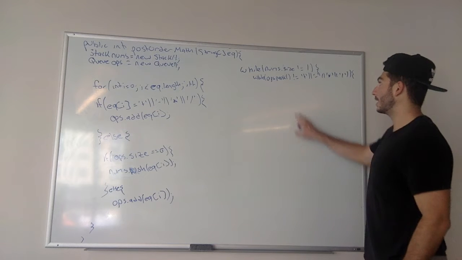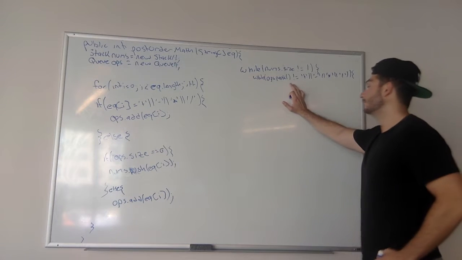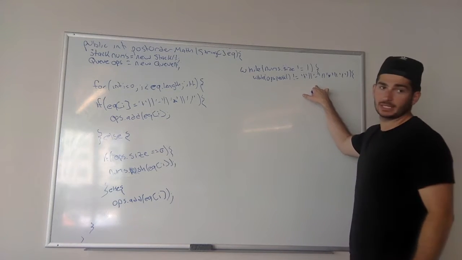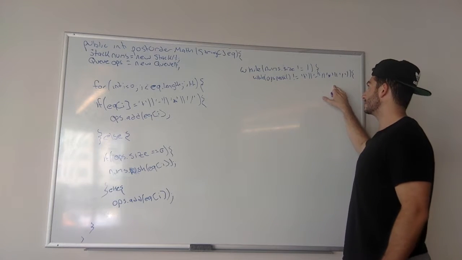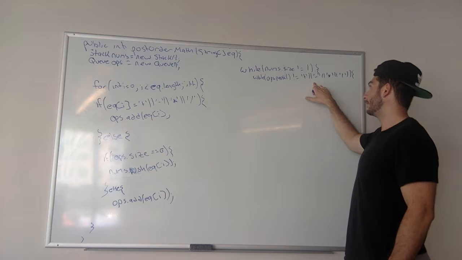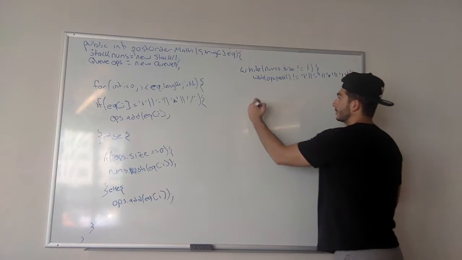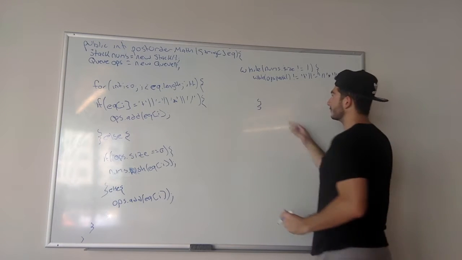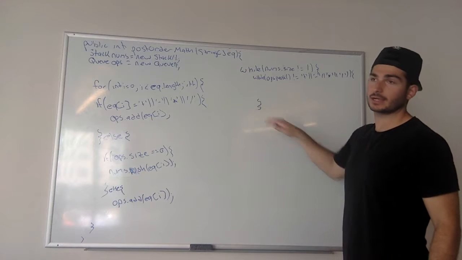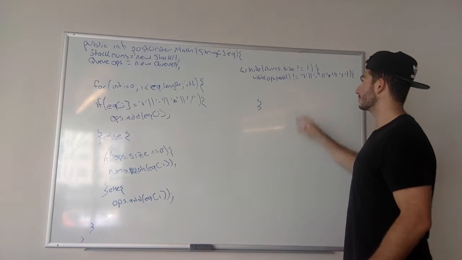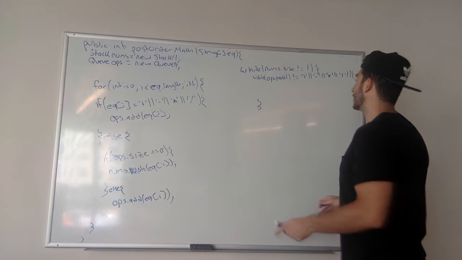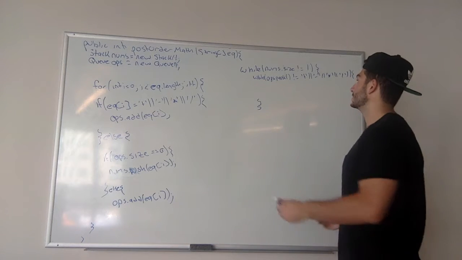So this is checking if the top of the queue is not an operator. We're just going to push it. We're going to remove it from the queue and then push it onto the num stack so that we can deal with the numbers in the correct way with the correct operators, keeping the right order of operations.